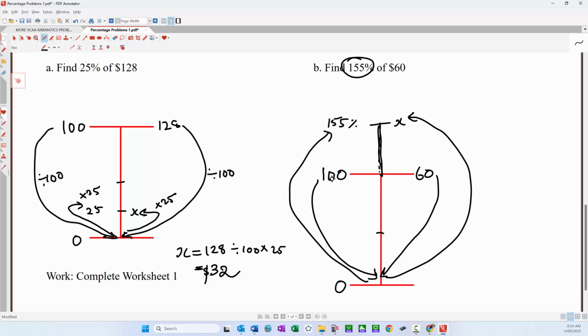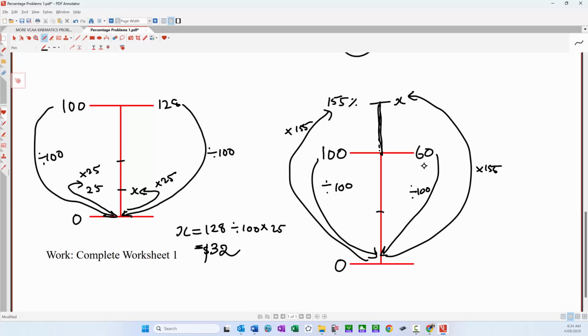Starting at 100, and I know I'm starting there because I can't start here, as there's an arrow pointing there. We're going to divide by 100 and multiply by 155. Hopefully you're starting to get the pattern over here. We write down literally the same thing on the arrows.